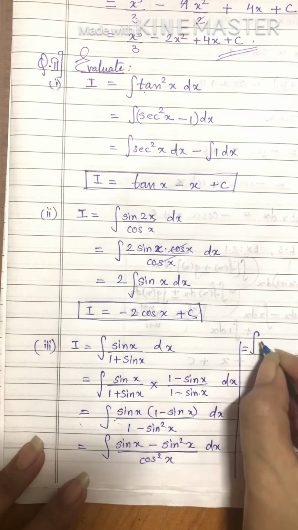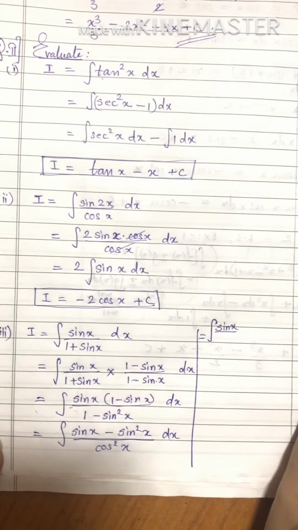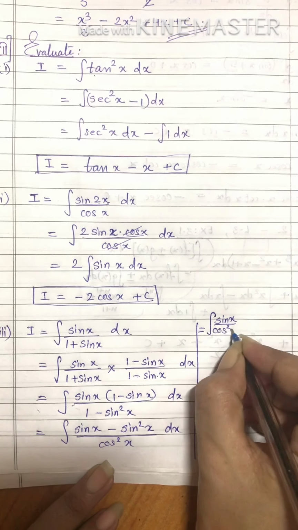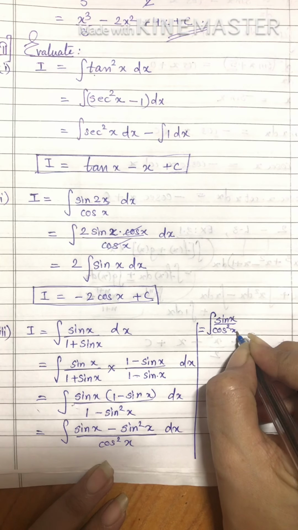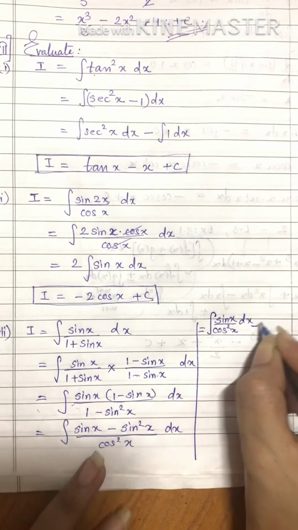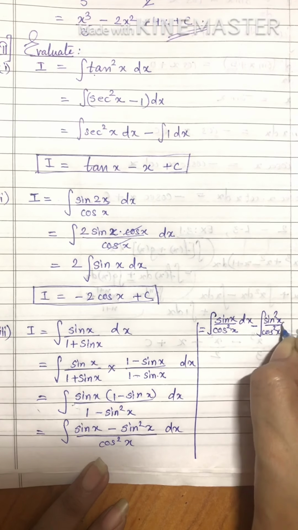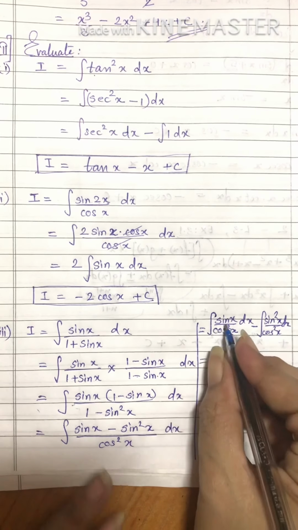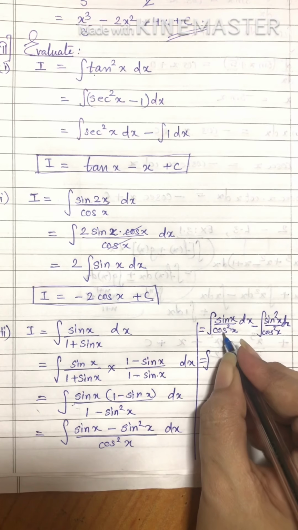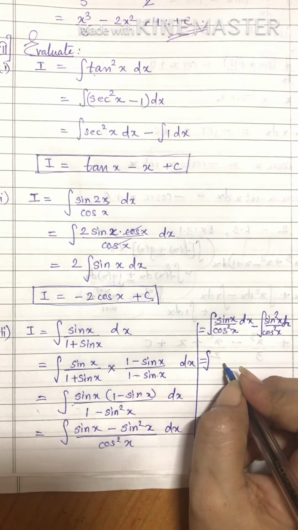So next I get integration sin x upon cos square x dx minus integration sin square x upon cos square x dx. Okay, now when I try to simplify, I can write it as integration of sin x upon cos x into 1 upon cos x, right?